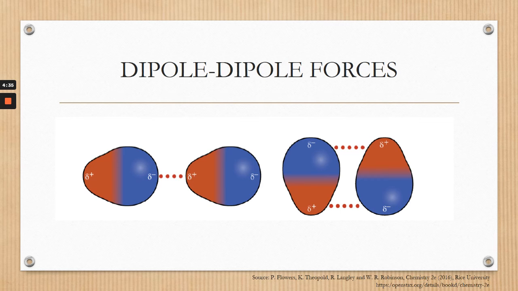This one, we call it dipole-dipole because it is the interaction among dipoles on neighboring molecules, from one dipole to another dipole in the neighboring molecules. The force can be either attractive or repulsive, depending on the orientation of the molecules.